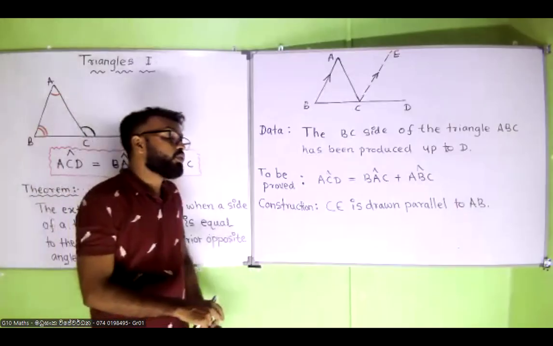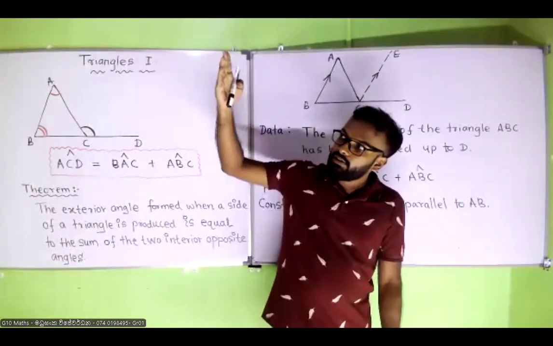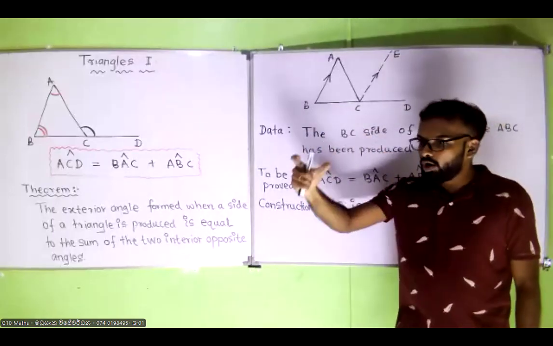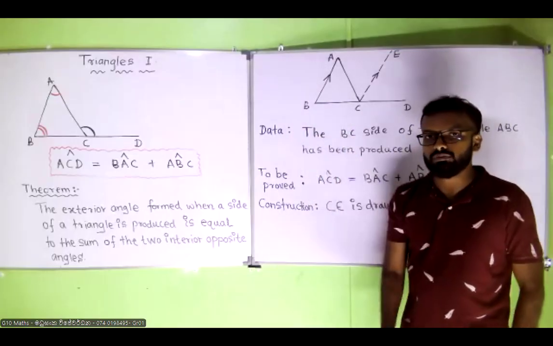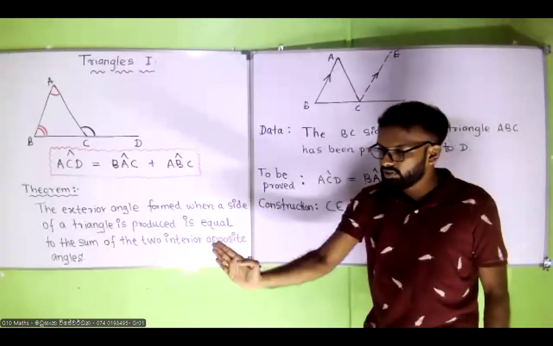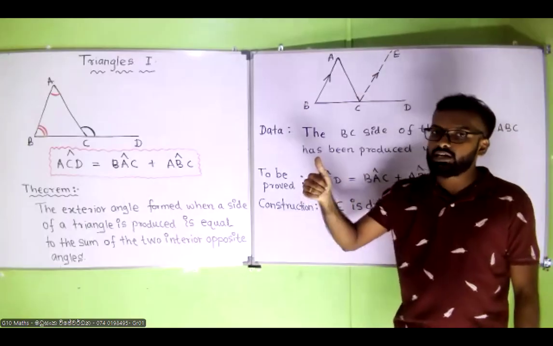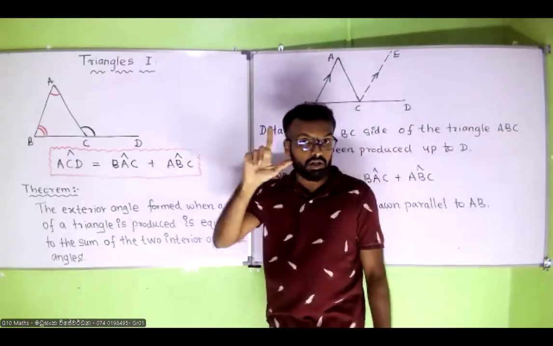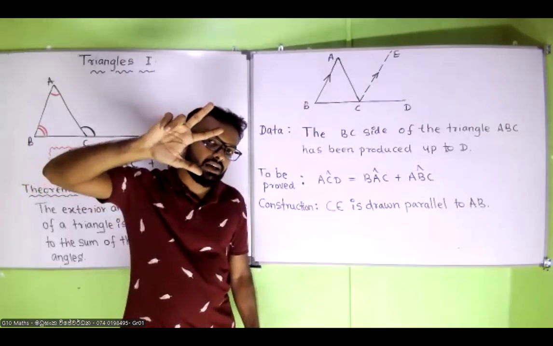Now if there are two parallel lines and we cross those two parallel lines with a transversal, what angles are we going to observe? The first angle type is corresponding angles. We will observe alternate angles and also allied angles.